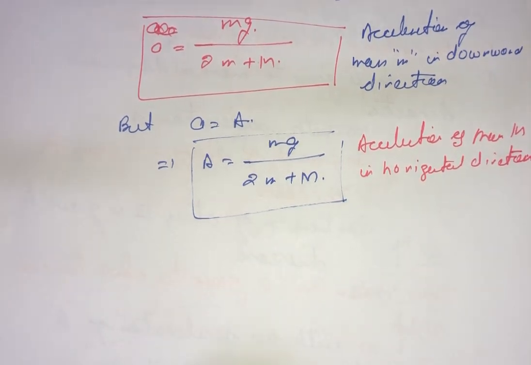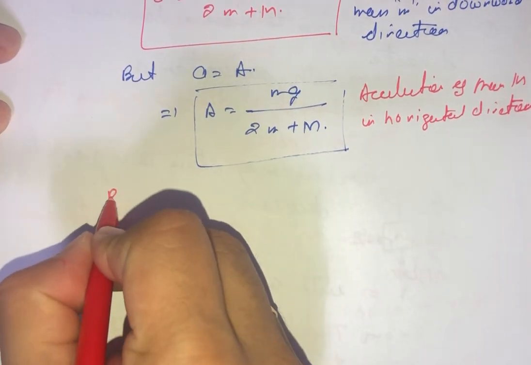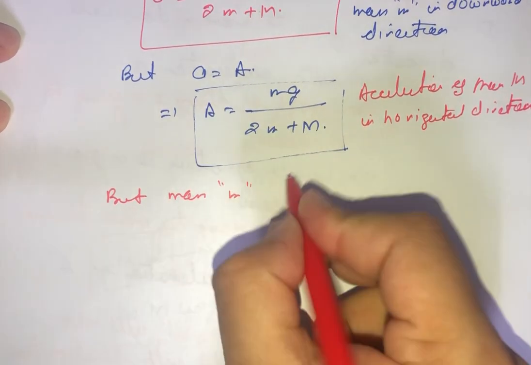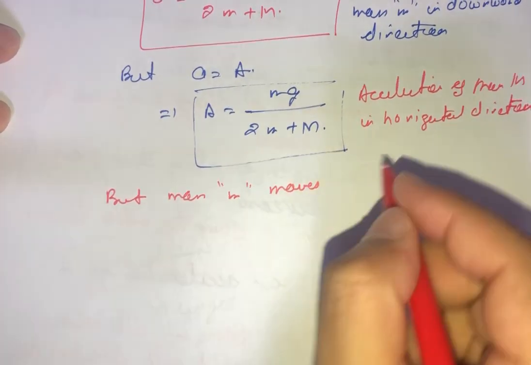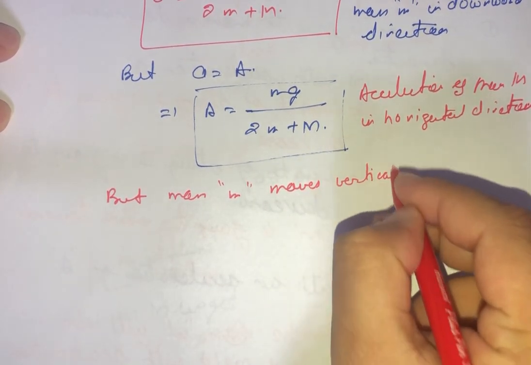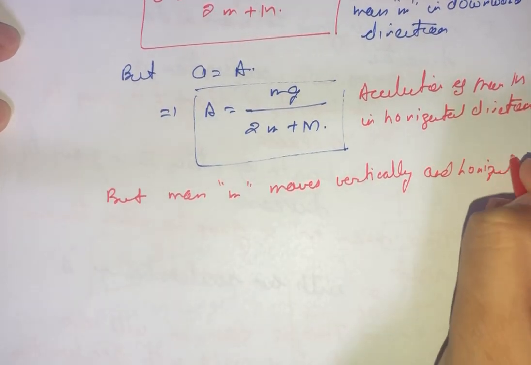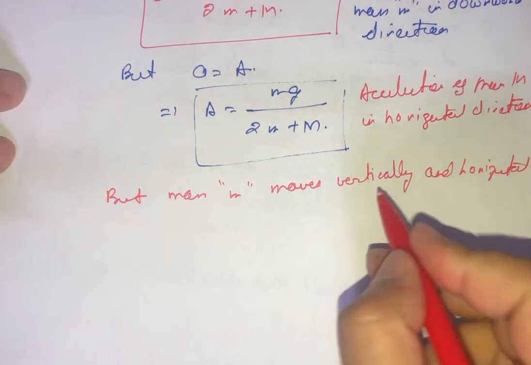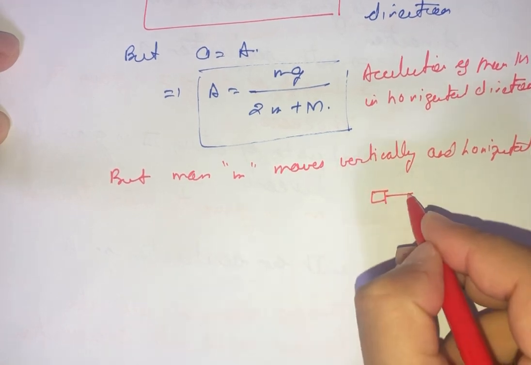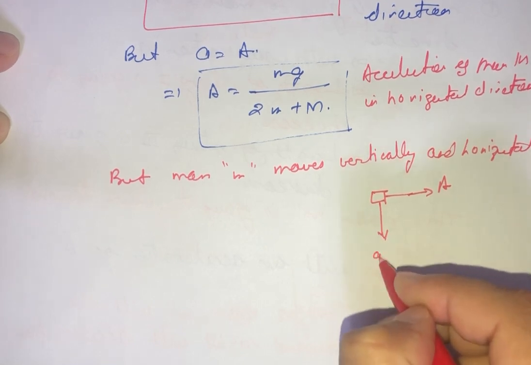But okay, we can say that mass M moves vertically as well as horizontally. Moves vertically and horizontally. Okay, so it means if this is mass M, so it is moving horizontally by acceleration capital A, and in downward direction it is moving with a small a.